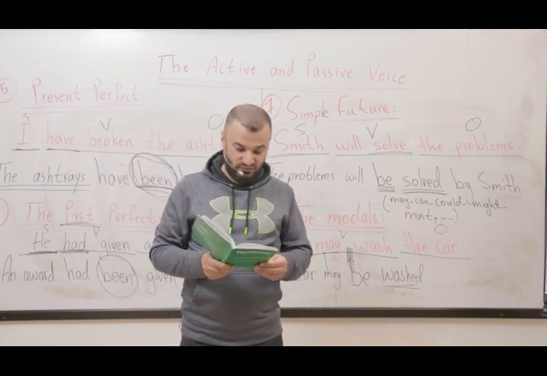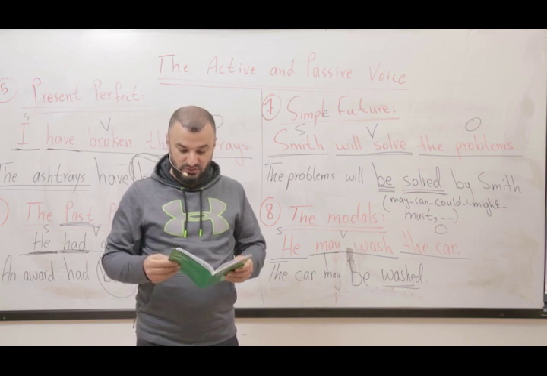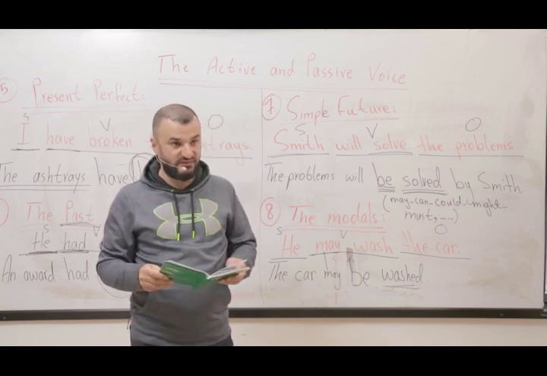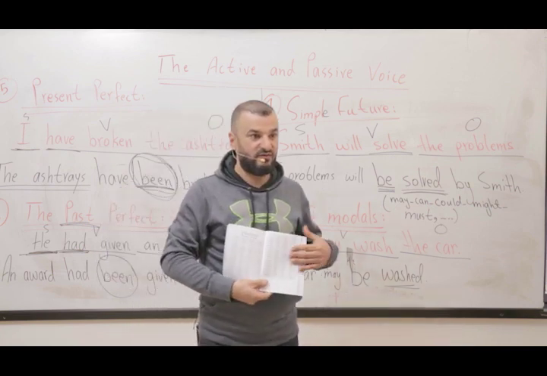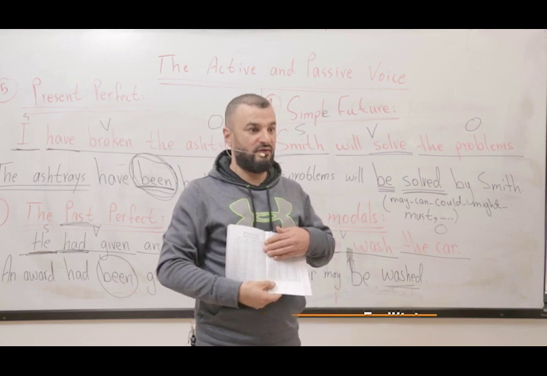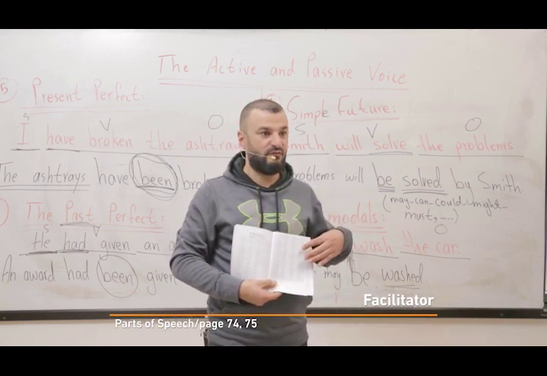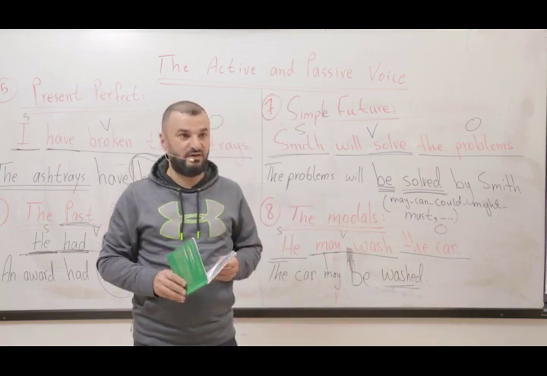The guys here will scan it and put it as an attachment. Also, you can use pages 74-75, the parts of speech of the verbs, which are irregular verbs. These are common verbs which are found in my book, pages 74-75.